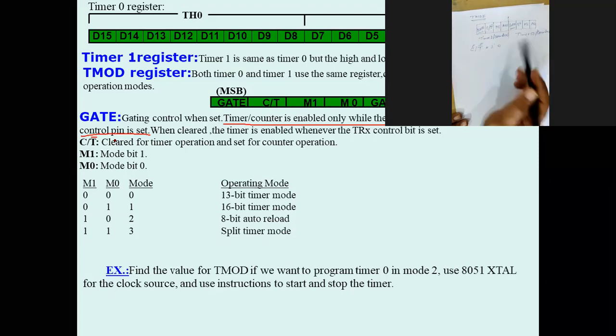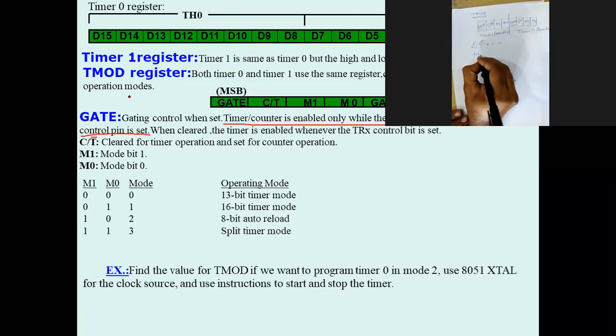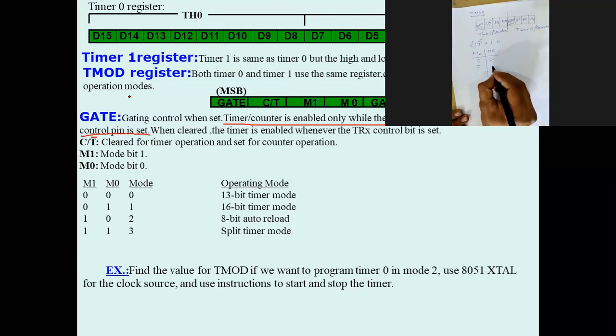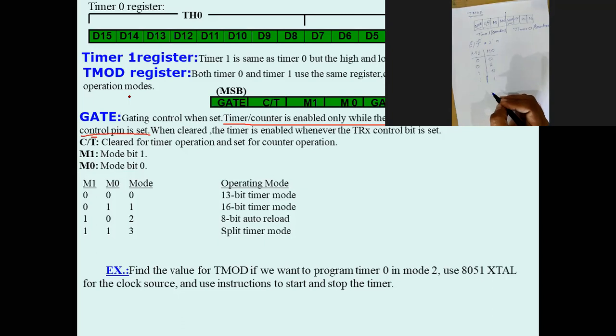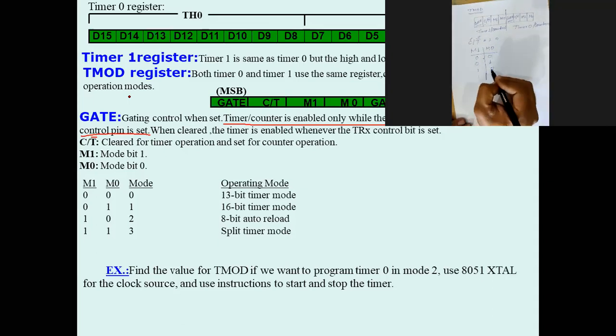Similarly here also. Now the most important thing, M1 and M0, the mode selection bits, M for mode. As in the PPT, and I am writing in the copy, these M1 and M0 bits have 4 bit patterns: 00, 01, 10, 11.